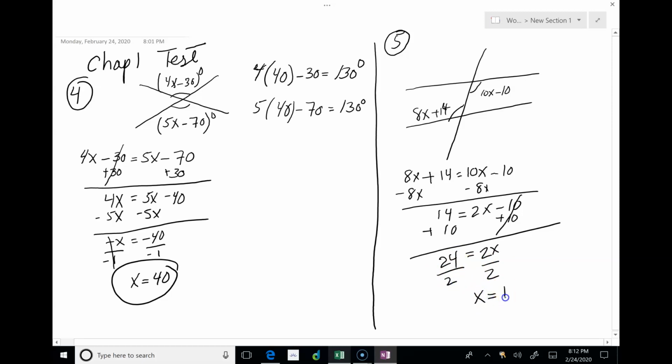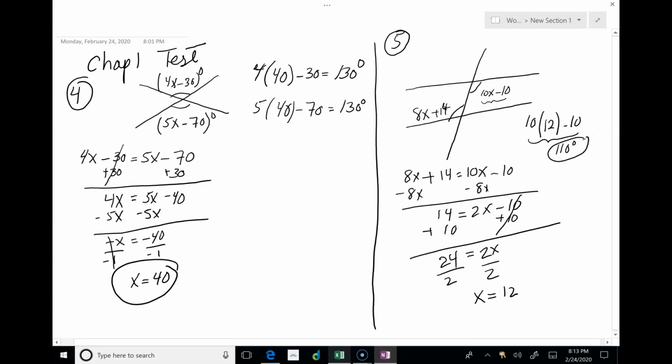So x is equal to 12. But again, you're looking for the measure of the angle, so you need to replace it here. You would have 10 times 12 minus 10, or you can use 8x plus 14. So that would be 120 minus 10, which is 110 degrees.